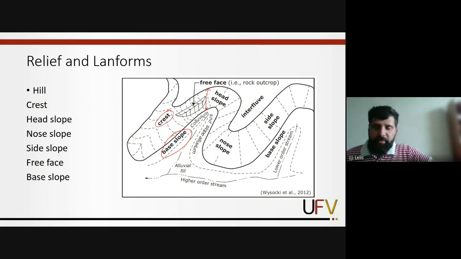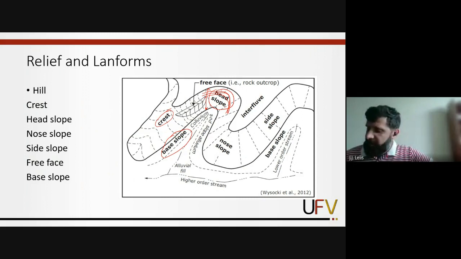But we can also distinguish between a head slope, a nose slope, and a side slope according to the geometry. If I have a concave surface, a concave geometry, I have a head slope.